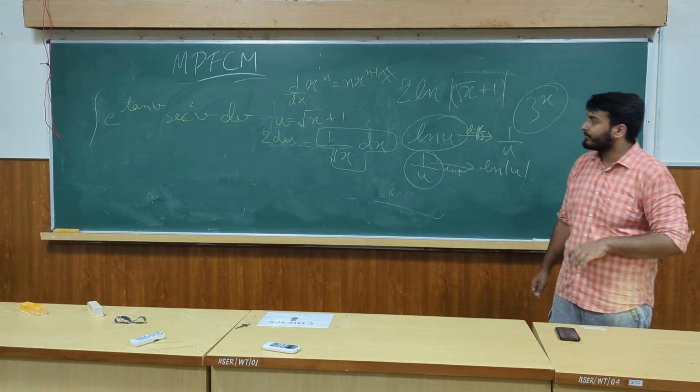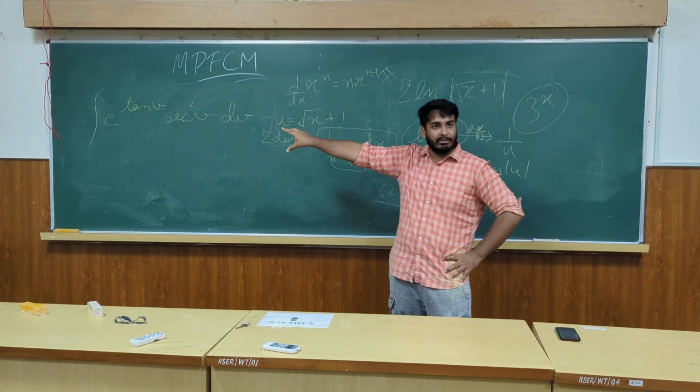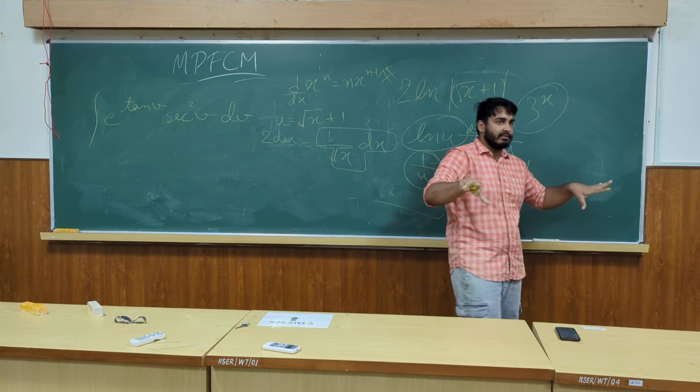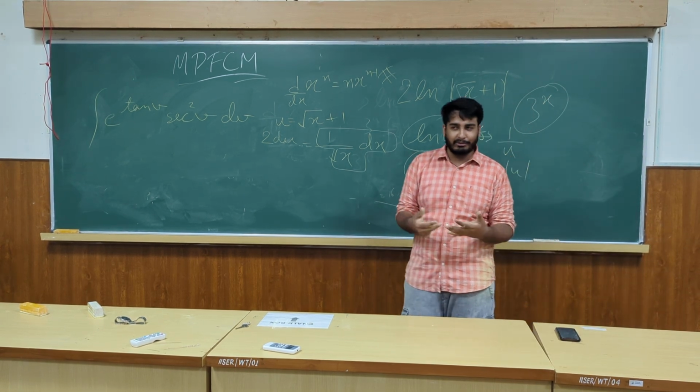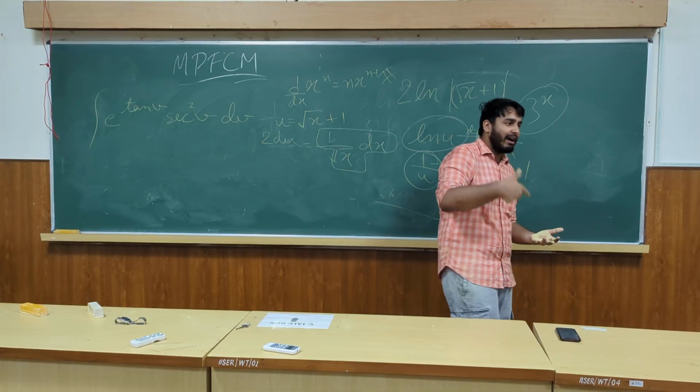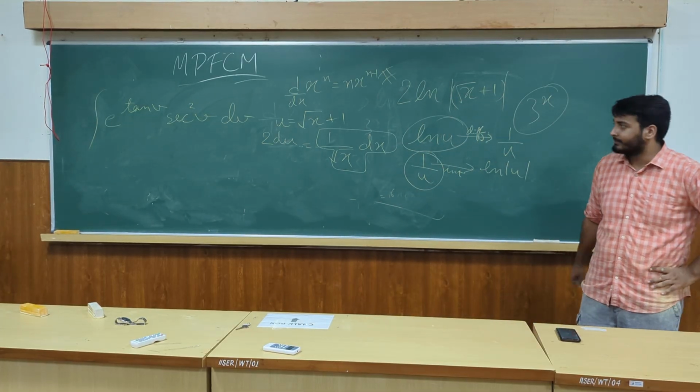This is an easy one. Like I said, in integration sometimes the expression looks massive and dangerous, but it's very easy. But then there are expressions which we'll deal with, which will look very easy on the surface, but you'll have to write a couple of lines to get there.